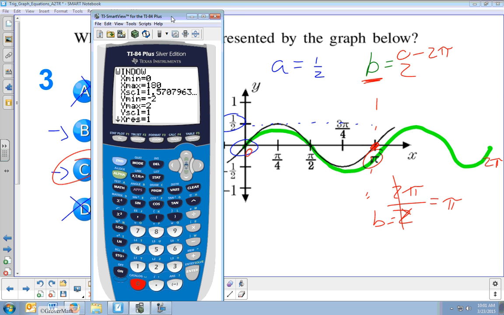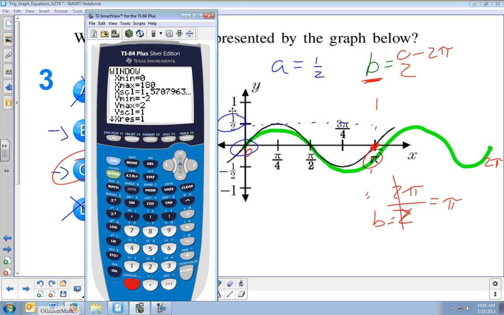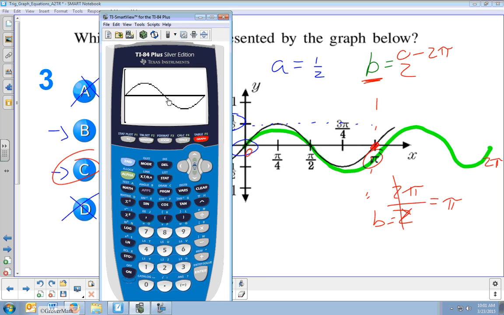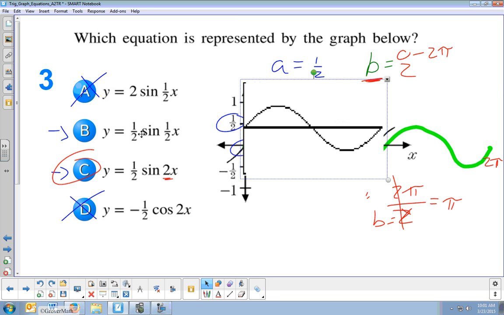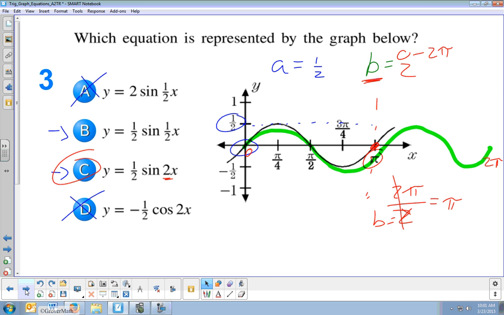And my y-axis is only going as high as 1 to -1, so I'll change that to -1 to +1. And then let's see if I get this picture of one complete cycle of sine, and I absolutely do. So that's the last thing you could do, is check that, because if I thought it was this, I'm not going to get a picture that matches. So that's definitely a useful feature there.